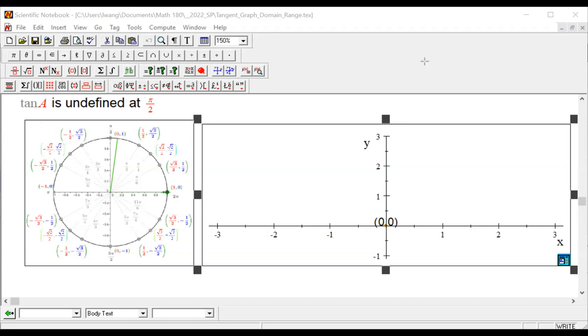So next, you can use your calculator, and we're going to observe these situations.